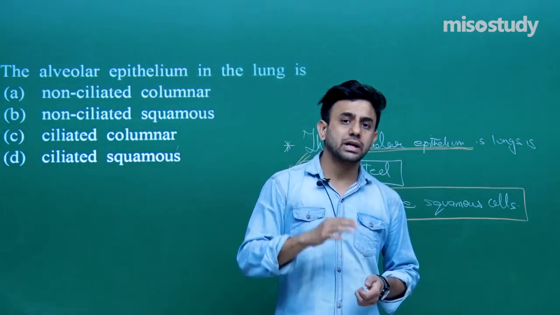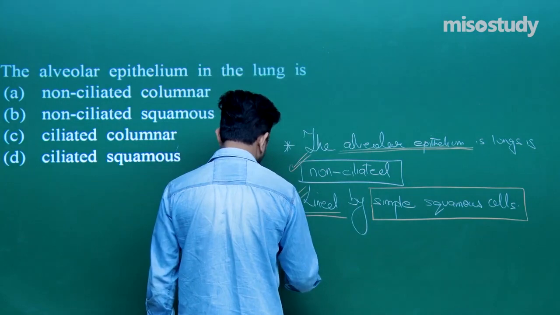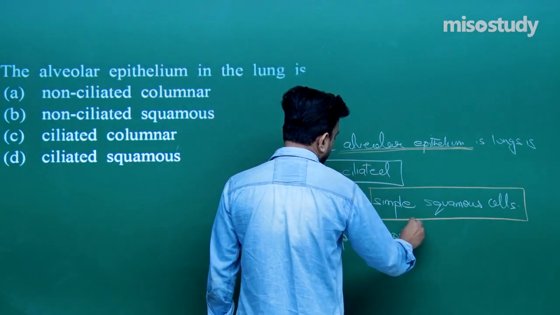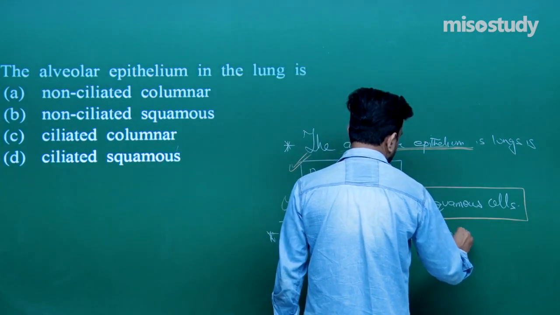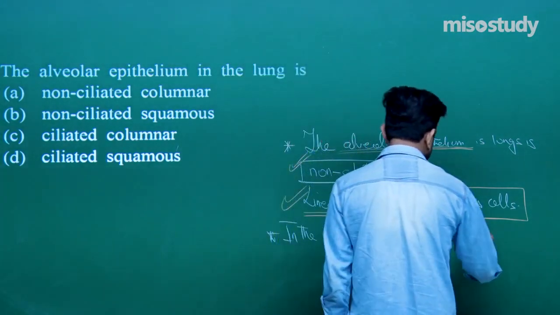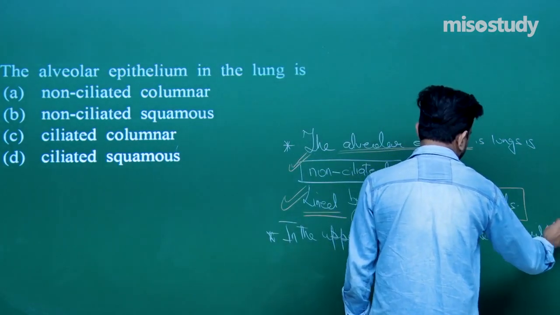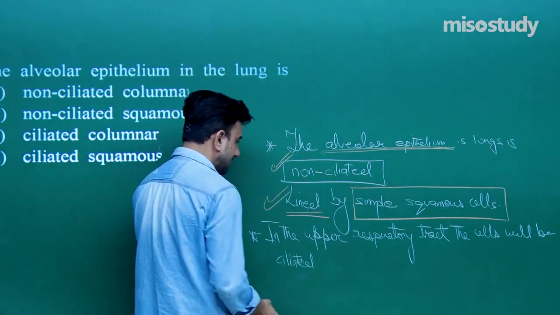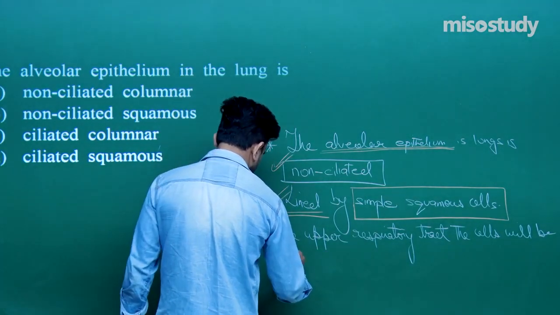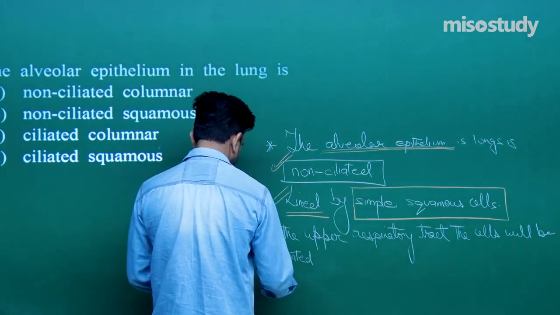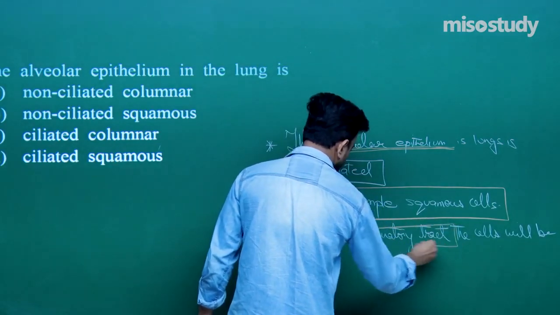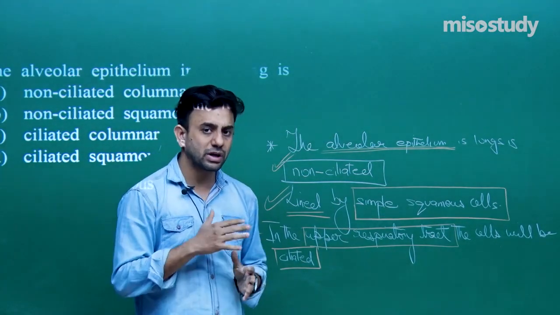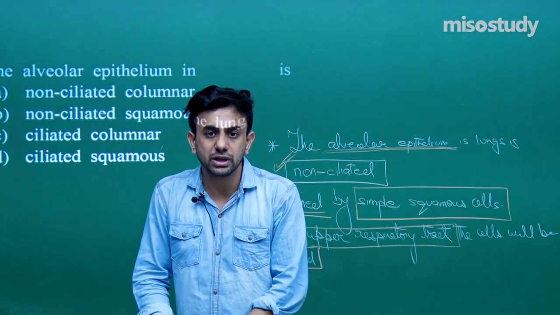In the upper respiratory tract, the cells will be ciliated, and there is a reason for that: the cilia have to beat and push things forward.